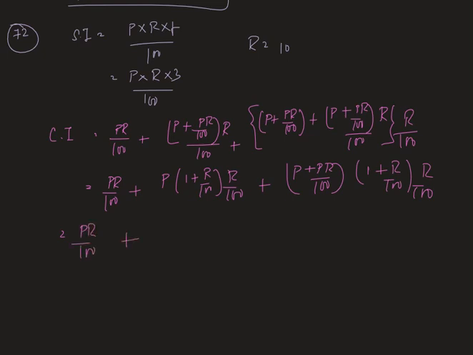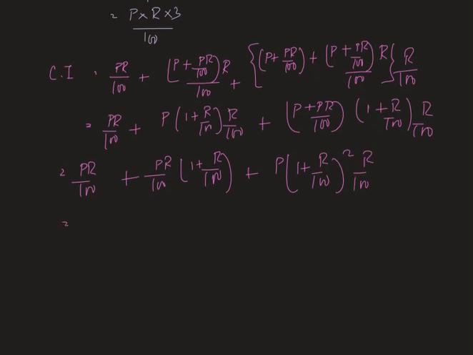So we can write PR divided by 100 into 1 plus R divided by 100 plus P into 1 plus R divided by 100 whole square into R divided by 100. So if you take PR by 100 as common, we get 1 plus 1 plus R divided by 100 plus 1 plus R divided by 100 whole square.